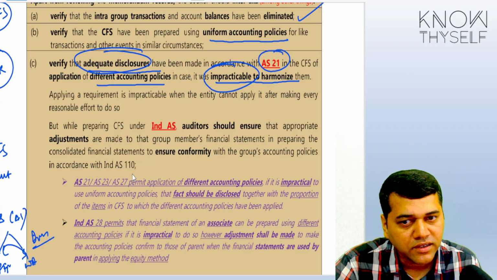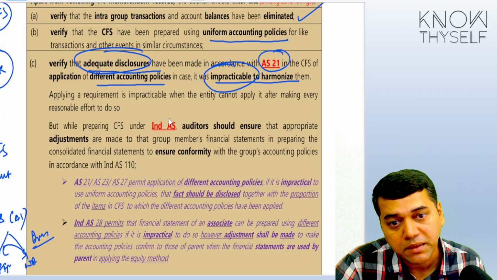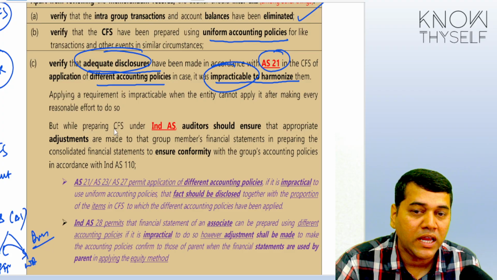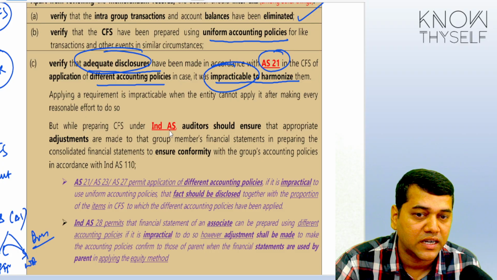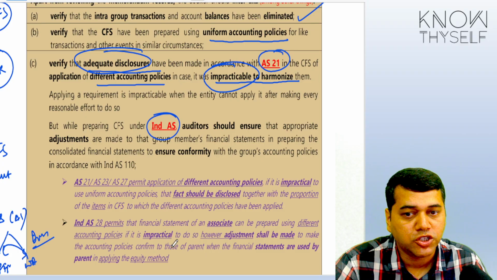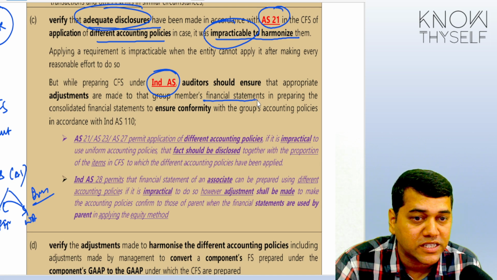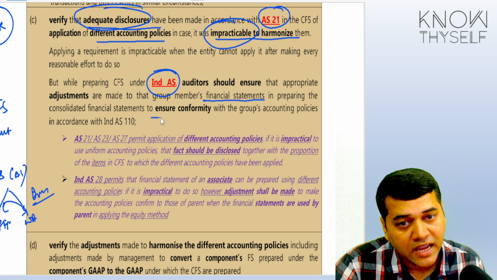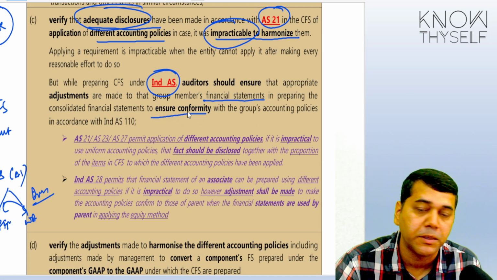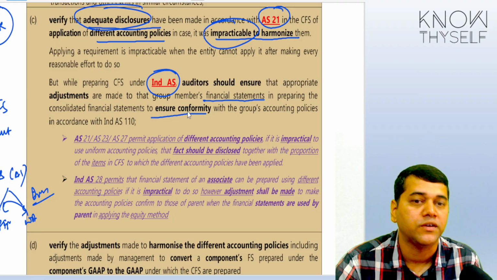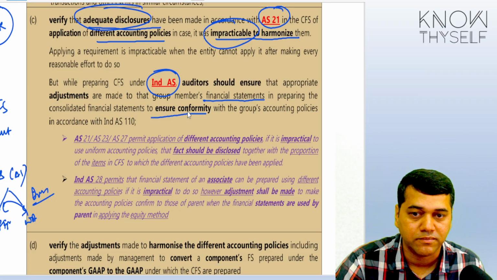Okay, now let us see whether such exemption is available in Ind AS. While auditing the CFS under Ind AS, the auditor should ensure that appropriate adjustments are made to the group's financial statements and they conform to the group accounting policies. No question of impracticability there.